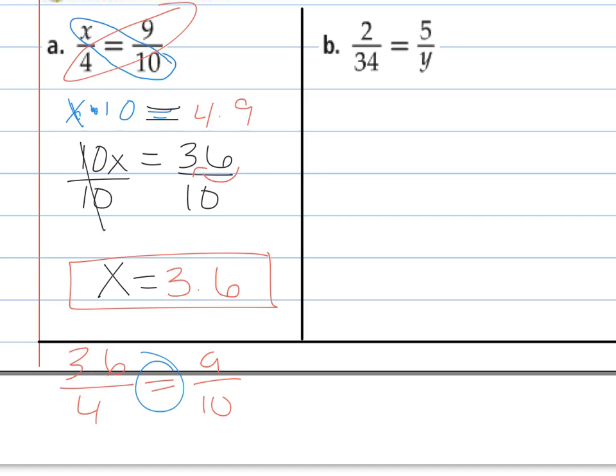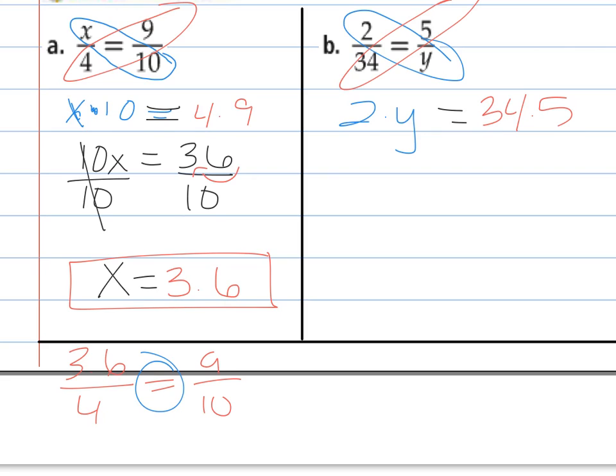So over here, I'm going to do 2 times y is equal to 34 times 5. So I get 2y is equal to 170.